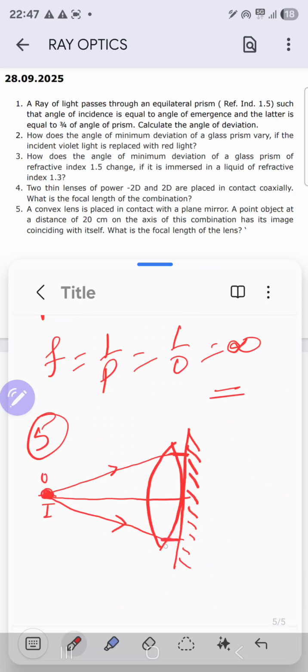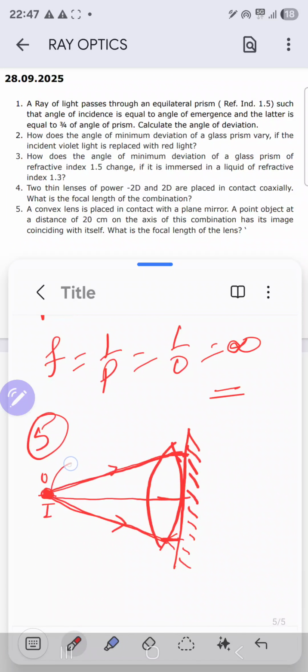Since they are falling normally on the plane, both rays are parallel to the principal axis. When these rays fall back on the lens, a parallel beam of light is falling on the lens, and it would converge at the focus of the lens.